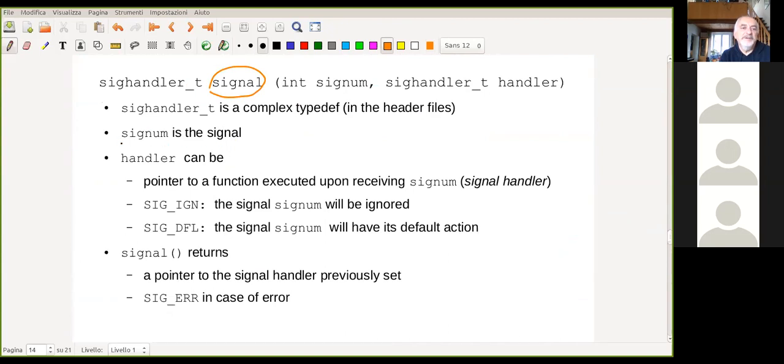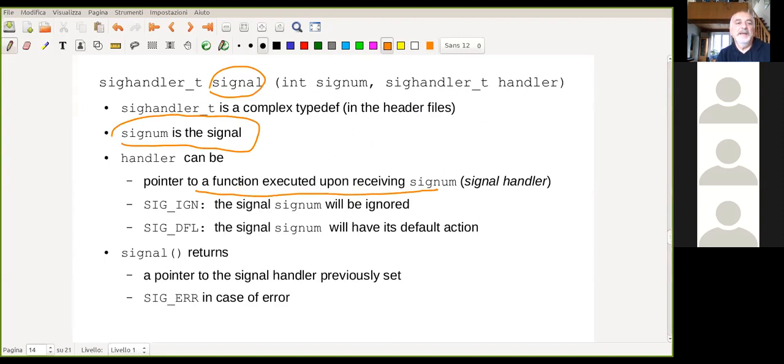This is the important information, the signal, the name of the signal. Another important information is the pointer function after having received this signal.